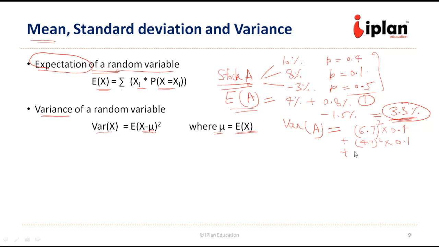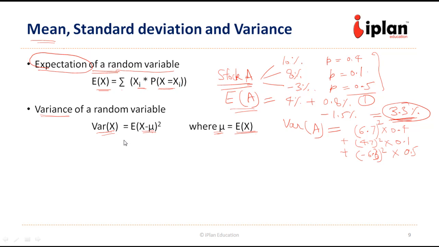So the difference between these two is minus 6.3. The sign will not make any difference because we are squaring the value. So the variance puts equal weightage on the variation on both sides. So into probability 0.5. If we just add this up, we get the variance of this random variable A.